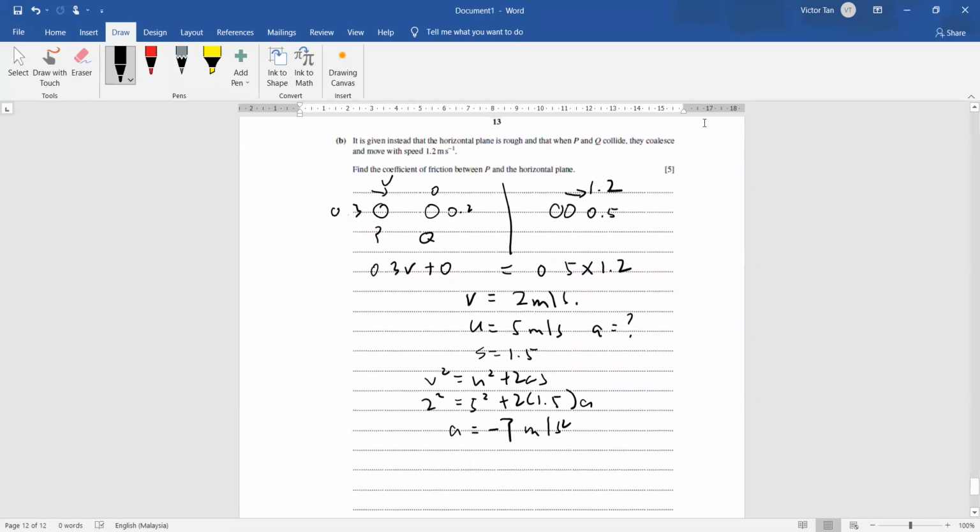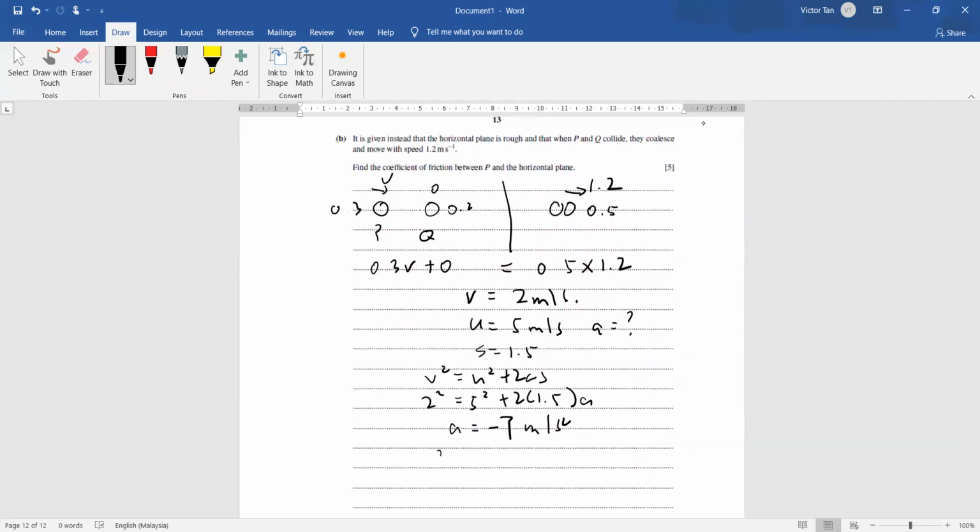So the frictional force is ma, which is P's mass 0.3 times minus 7, which is 2.1 Newton.